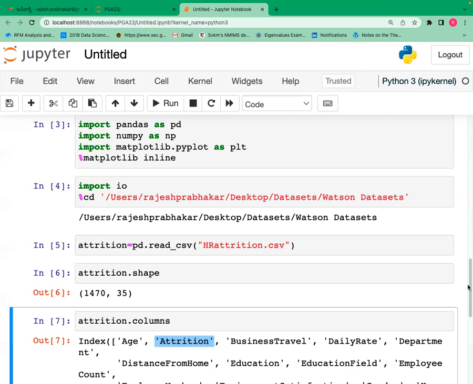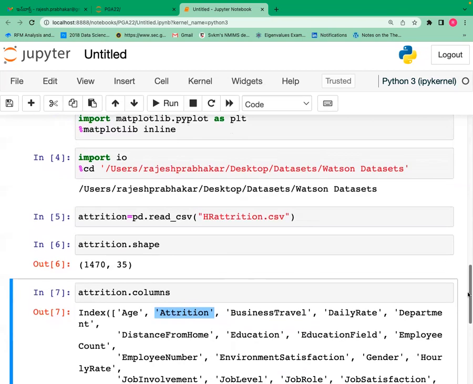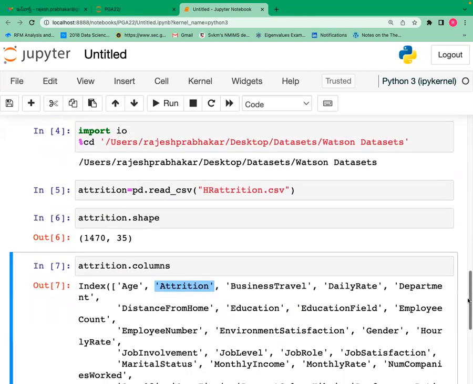So you are done. All of you have imported the data.